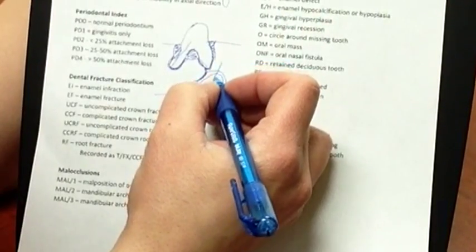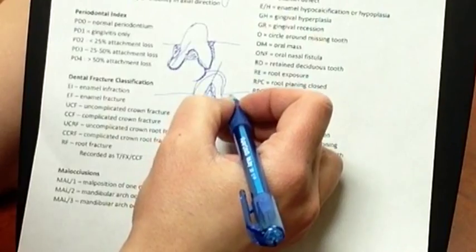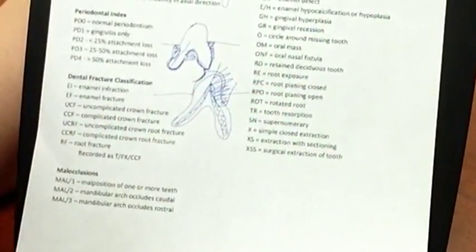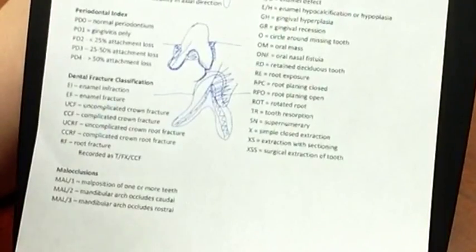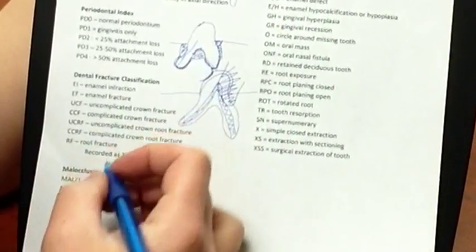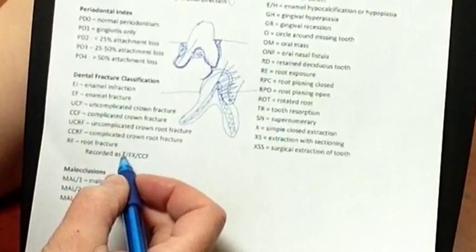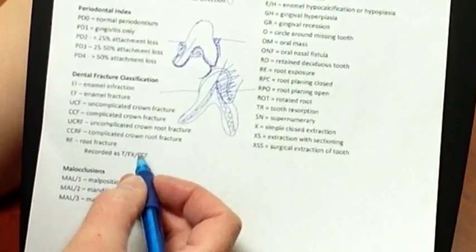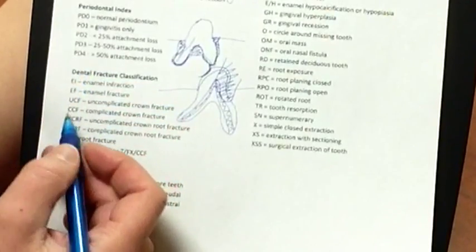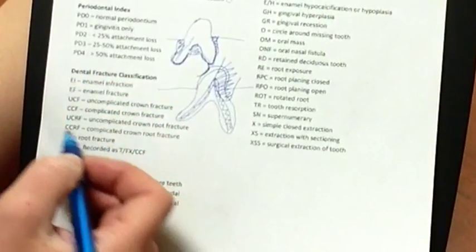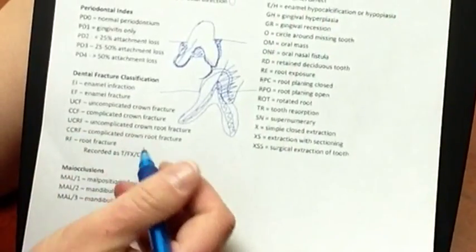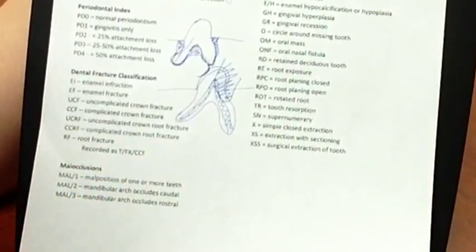So perhaps it involves an area like this that has been compromised and is fractured and is gone. Okay? How these are recorded: we say FX for the tooth is fractured, and then we say which of these it has. It has a complicated crown fracture, or it has a complicated crown root fracture. And this is what is actually charted.